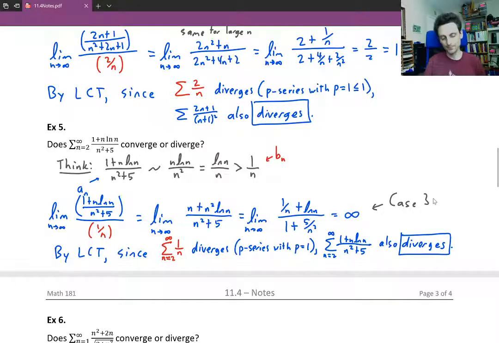There we go. Okay, so there's an example of case number 3.